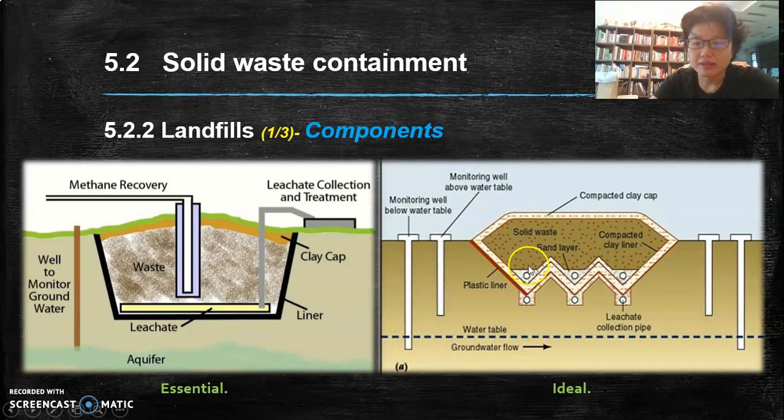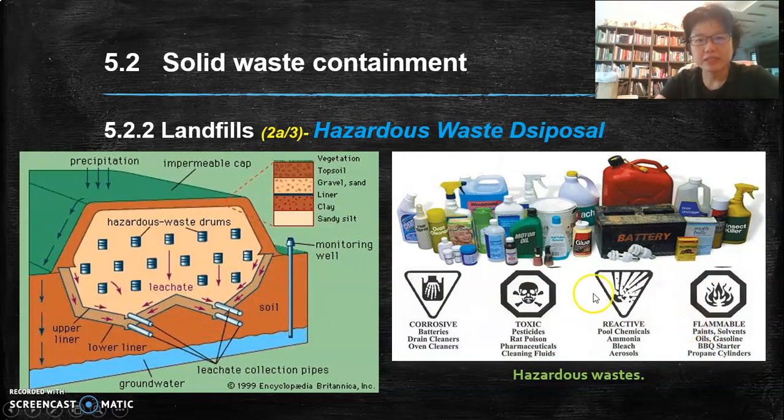Okay, and look at the more complex design that they have. The liner is coming in, and you have the leachate collection that is actually at the base of it and also inside. Okay, so it's a double protection system. And some other examples here, hazardous waste. Remember we talked about this, for example, radioactive materials or very highly toxic stuff.